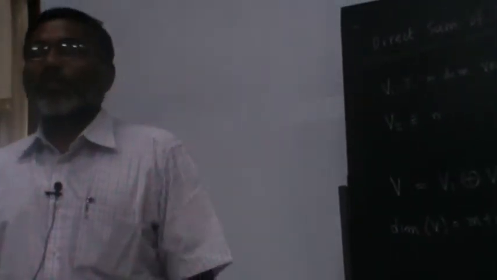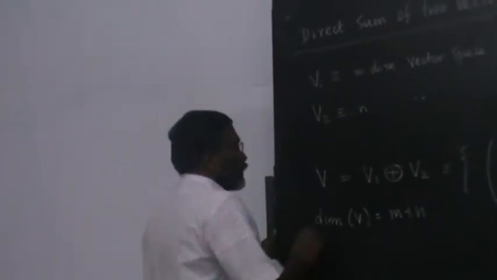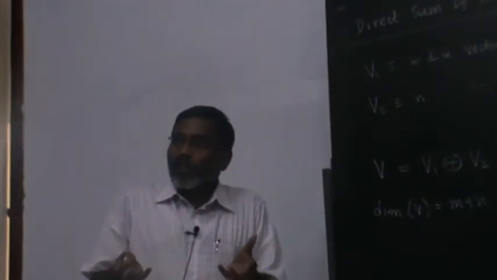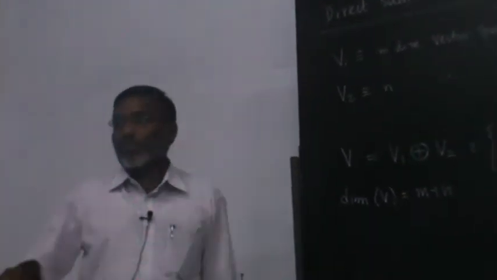Direct sum of these two vector spaces is the plane. Geometrically, that is what it is. XY plane and then z-axis. Direct sum of these two will be the entire space and so on. So this is called direct sum of two vector spaces. This is one way of constructing a higher dimensional vector space from lower dimensional vector spaces.